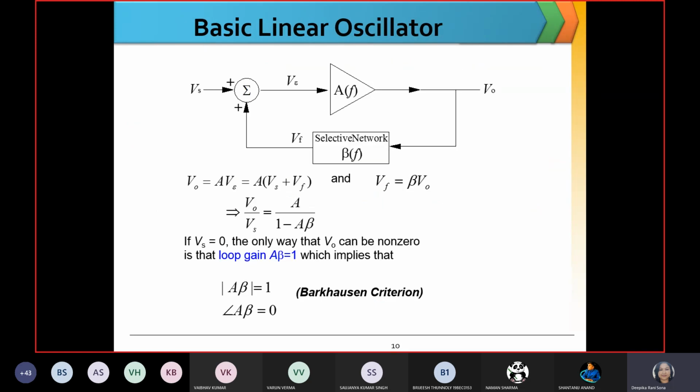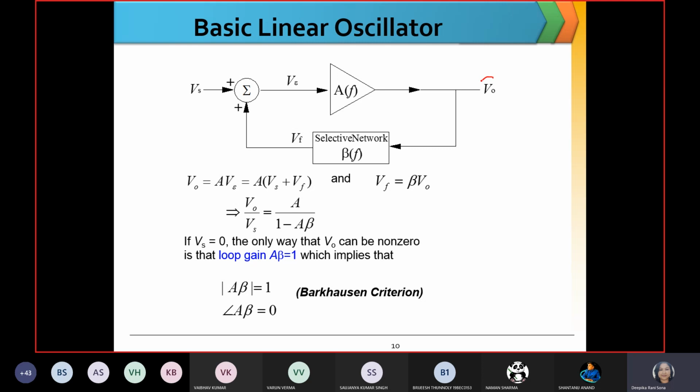Okay, so now let's have a look. The amplifier has been replaced with this symbol, and as usual, the same thing. Suppose the frequency selective network contains the beta value. The feedback parameter, or the feedback gain, is beta f, while the input towards this frequency selective network, or the feedback network, is V out.